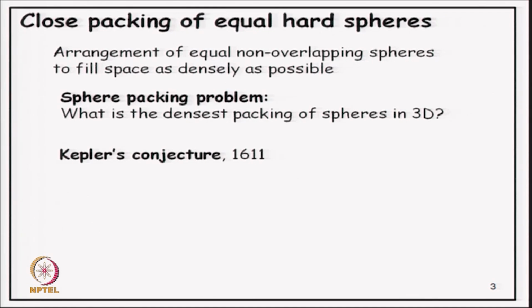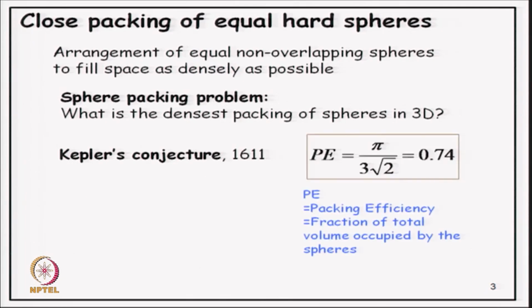Particularly for 3 dimensions, Kepler long back in 1611 conjectured that the densest packing has a density of 0.74 and is achieved by a so-called cubic close packing or hexagonal close packing, which we will see later in this course.